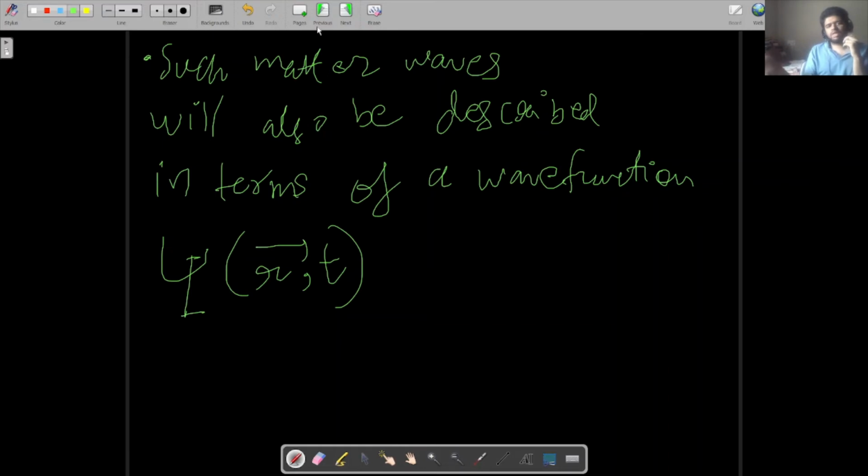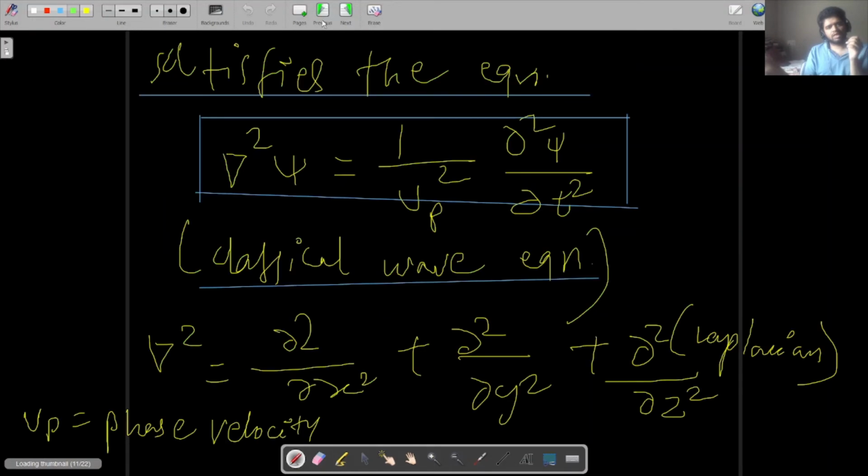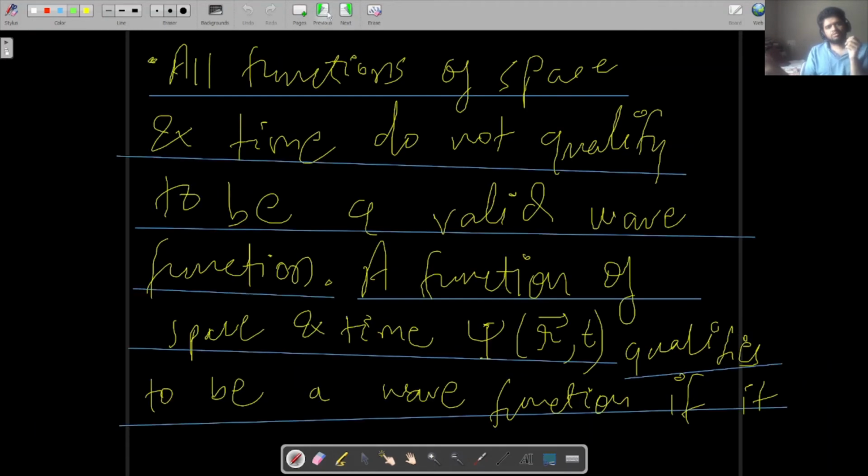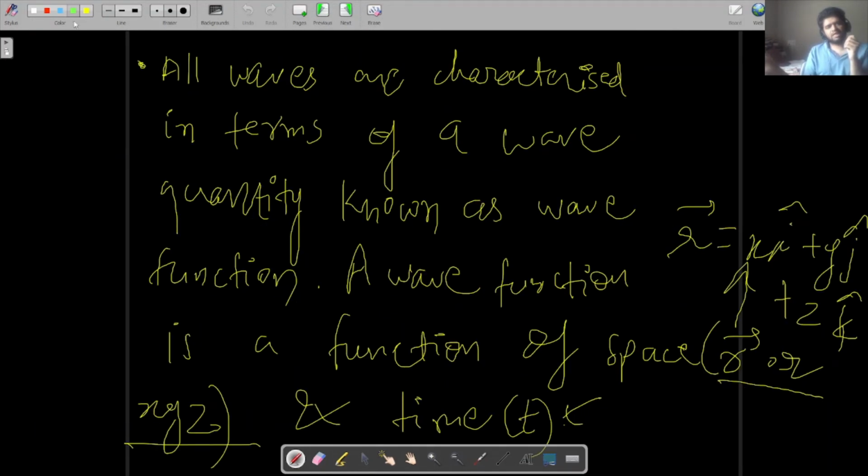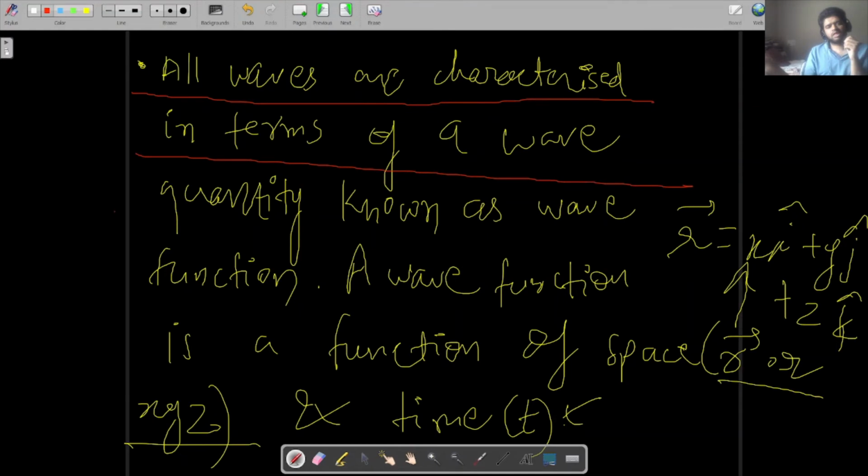I already told you that all types of waves have a wave function with them. See over here, all waves are characterized in terms of a wave quantity known as wave function.